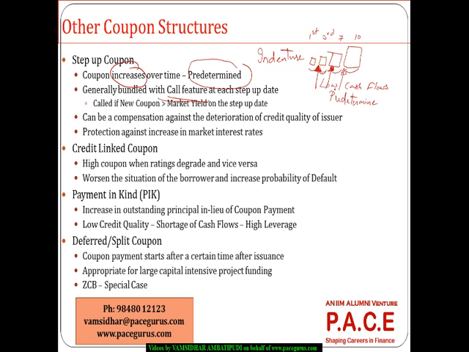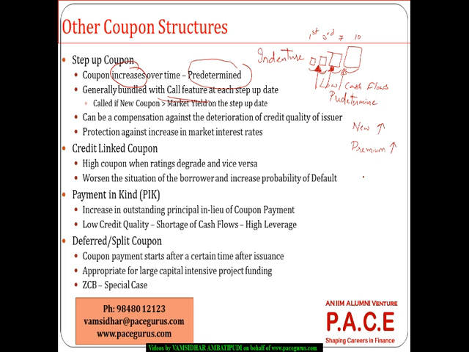The reason is that the new coupon generally is higher, and because the new coupon is higher, what we typically see is the bond goes into a premium. The value of the bond increases because the coupon that is going to be paid in the future is going to be higher. So the value of the bond typically goes up. So the bond becomes a premium bond.